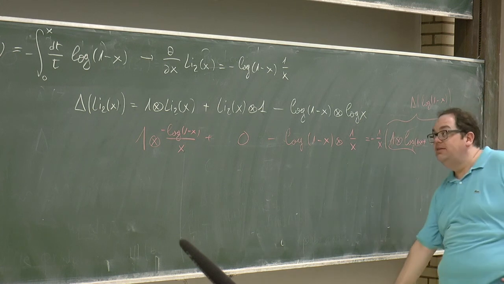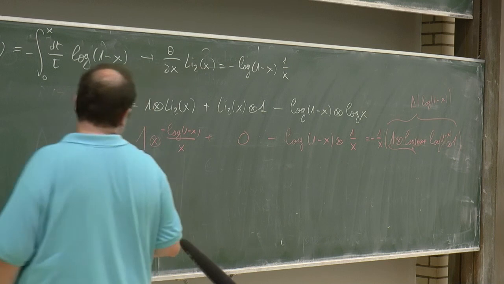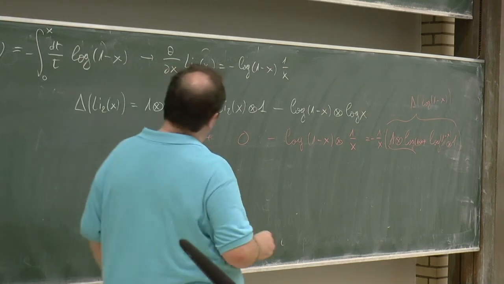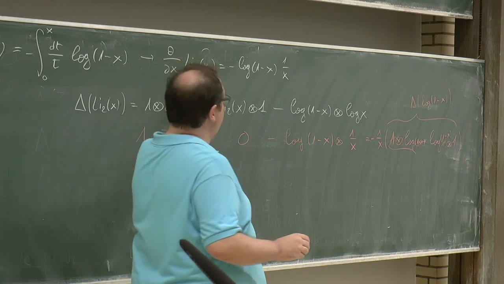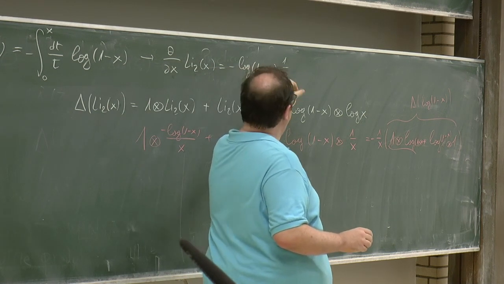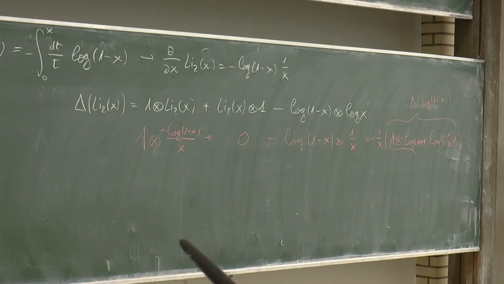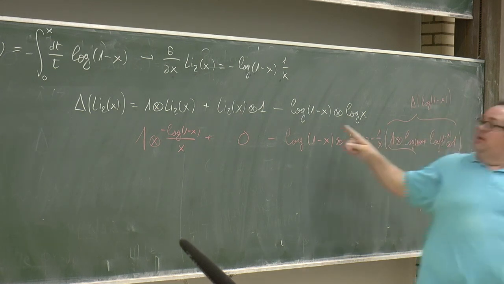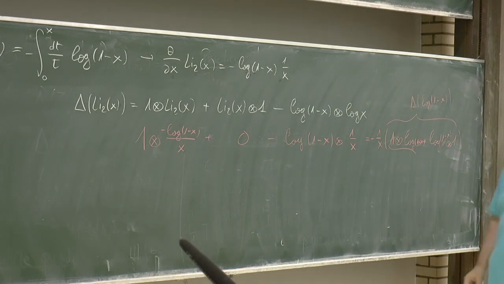So what you find is that computing the coproduct and then taking the derivative in the second slot is the same as if we had first computed the derivative and then computed the coproduct. With that, minus 1 over x delta of log of 1 minus x is the coproduct of the right hand side.